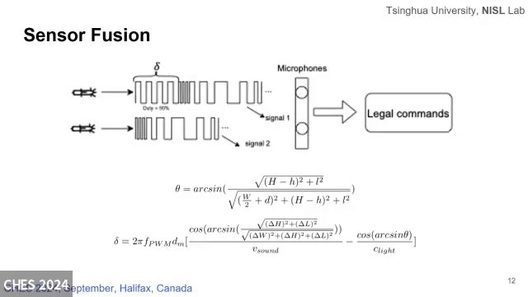Equation 1 and equation 2 calculate the laser incident angle theta and the corresponding phase difference delta respectively. Attackers can create a phase difference delta in the laser signal, spoofing the voice control systems into recognizing the laser as a legal area signal.